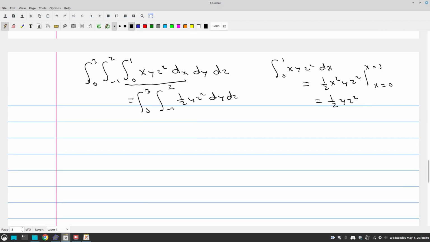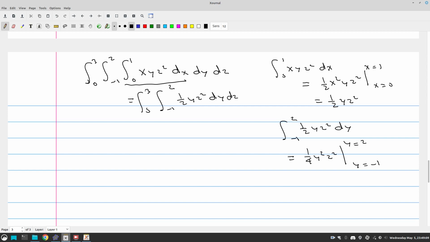Now let's do the next integration, which is the integral from -1 to 2 of 1/2 y z square dy. This is actually equal to 1/4 y square z square from y equals -1 to y equals 2.